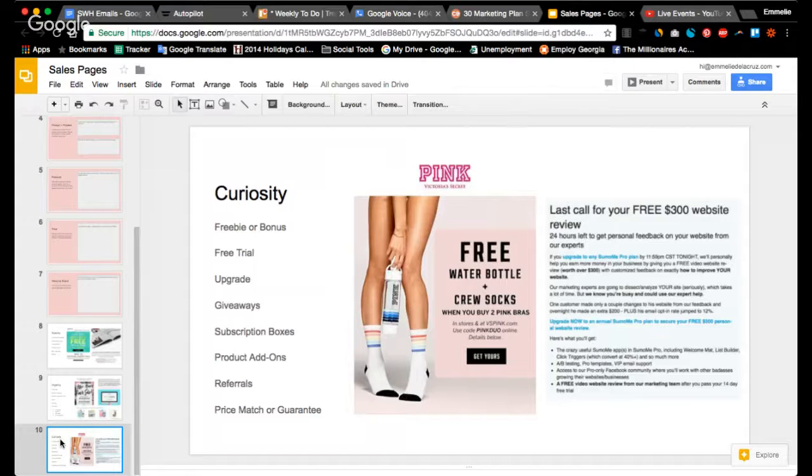What's going to pique their curiosity and allow them to take the risk in buying your product or service that is enticing enough to outweigh all of their objections? What is something that you can offer them that would entice them to take the risk on your product or service, but it will also outweigh the objections that they have? You want to make it basically worth their while.